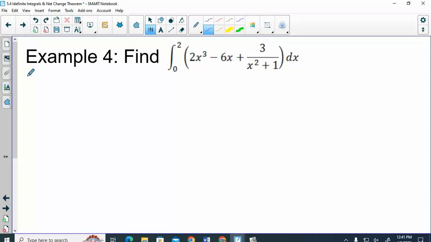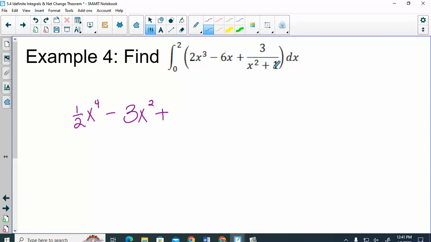Next one. It starts out not looking so bad. Antiderivative of 2x cubed minus antiderivative of 6x. Okay, but here's where it's a little dicey.